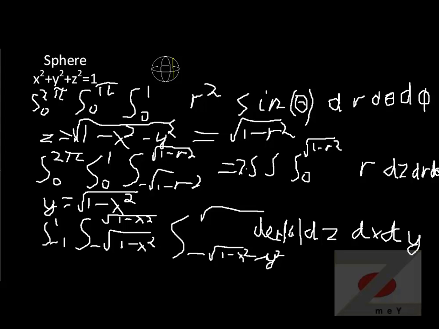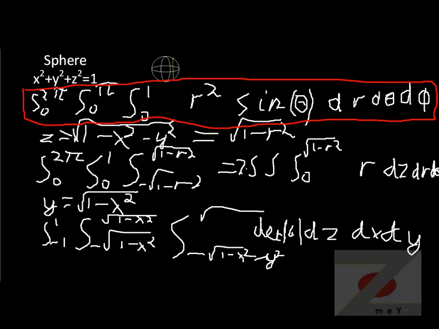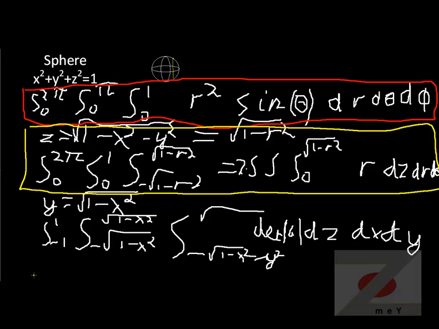On a closing note, I just basically want to say that we have 3 ways to actually do that. This is spherical coordinates over here. This is cylindrical, and we just have general coordinates as well.